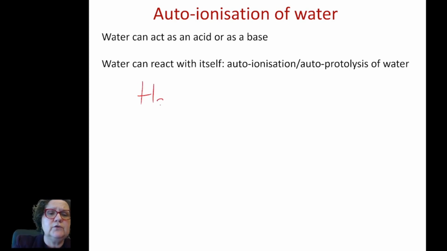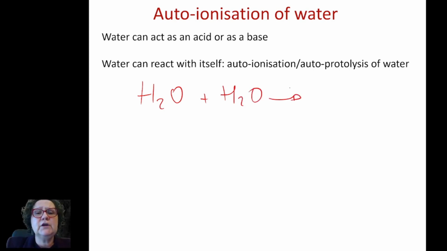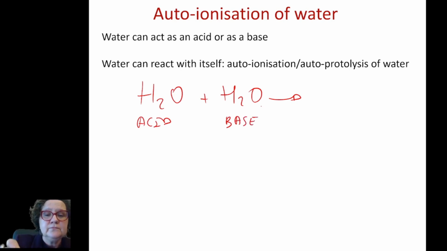So one molecule of water reacts with another molecule of water. To not get confused, I'm going to declare that this molecule of water is going to behave like an acid and this one like a base. The first molecule of water is going to react as our acid. What do acids do? They donate hydrogen ions.